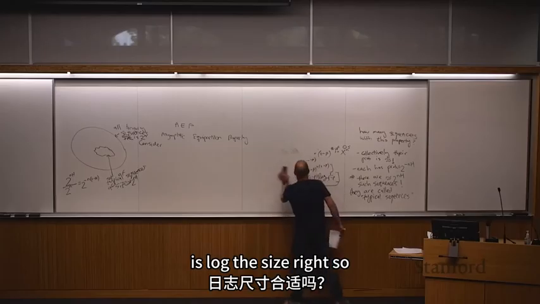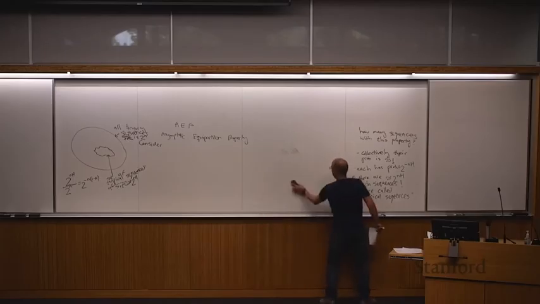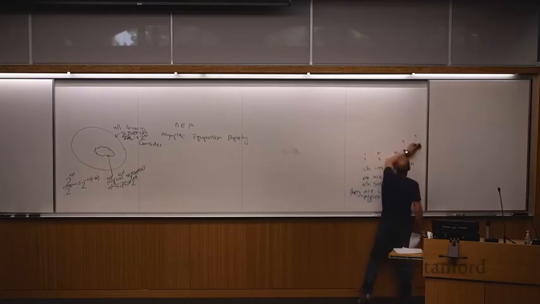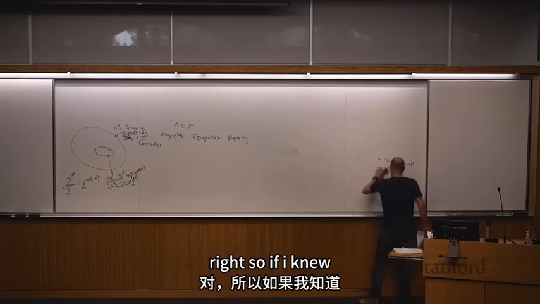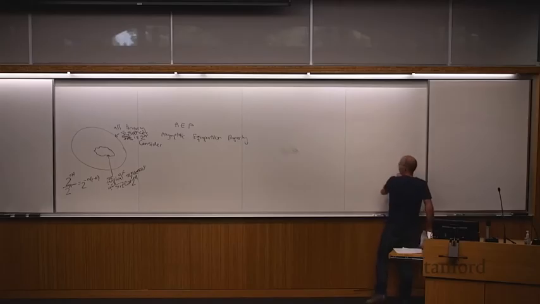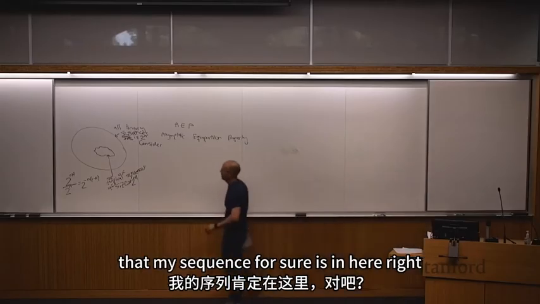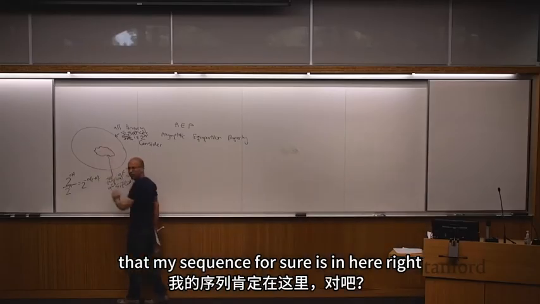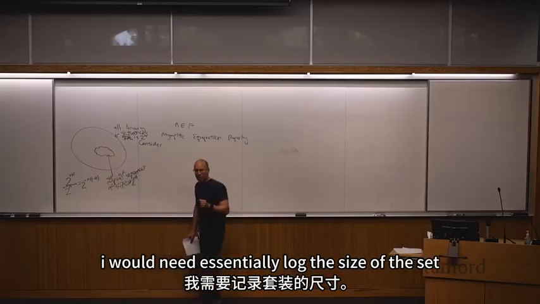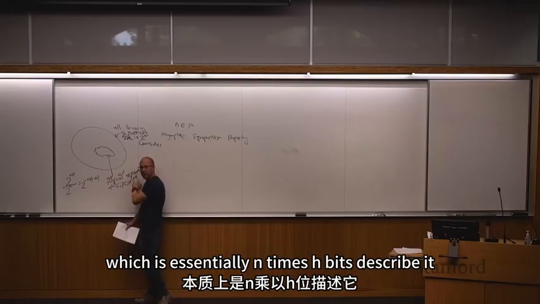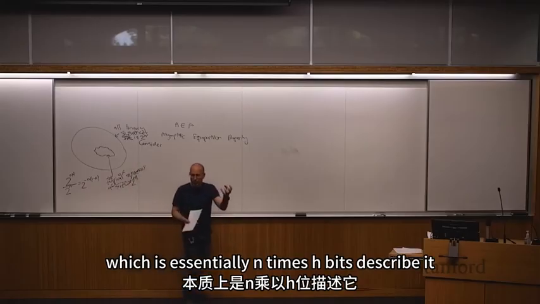So if I knew my sequence for sure is in here, I would need essentially n times H bits to describe it.